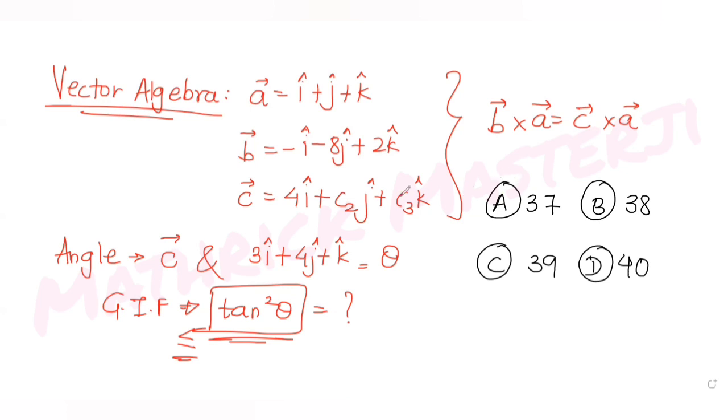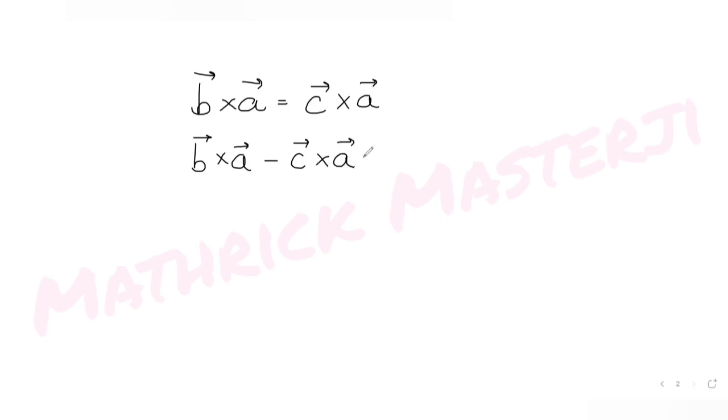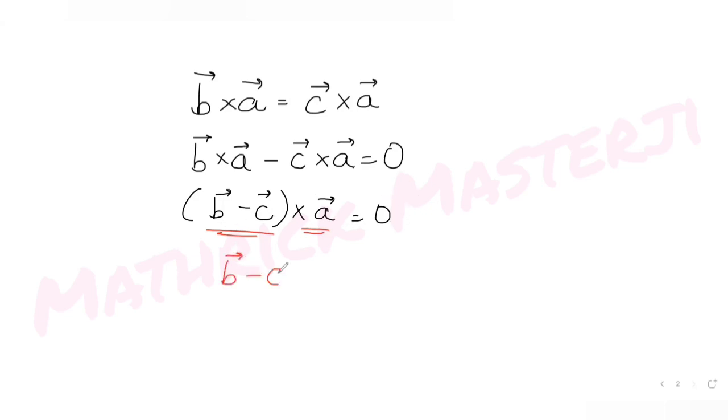Let's try to solve this question. The first condition is that the cross product of B and A is equal to the cross product of C and A. If I take this cross product to the other side and take the cross product with A common, I get B minus C. Now I know that when the cross product of two vectors is equal to 0, the first vector is a scalar multiple of the second vector.